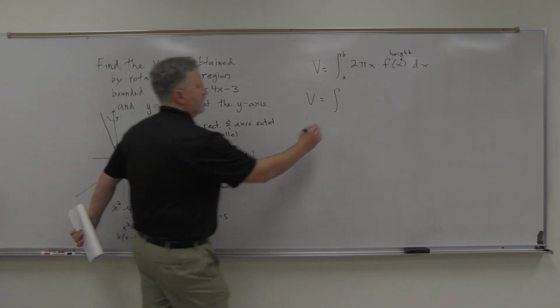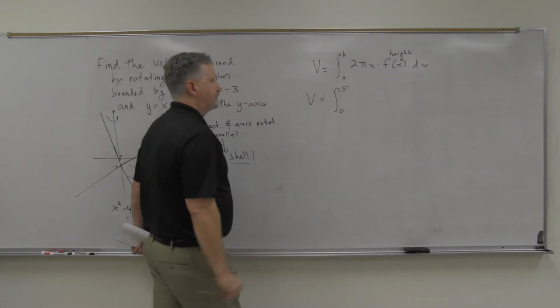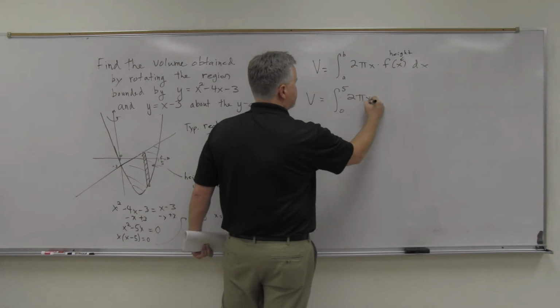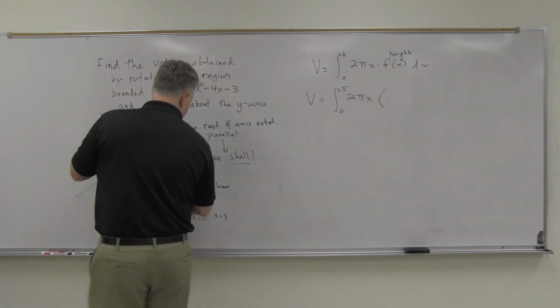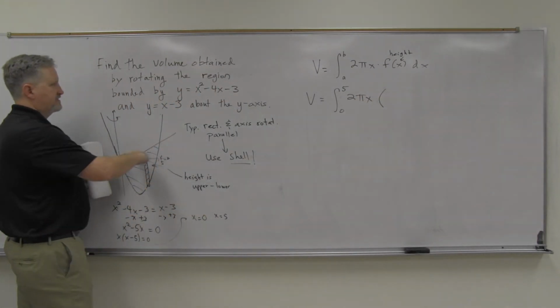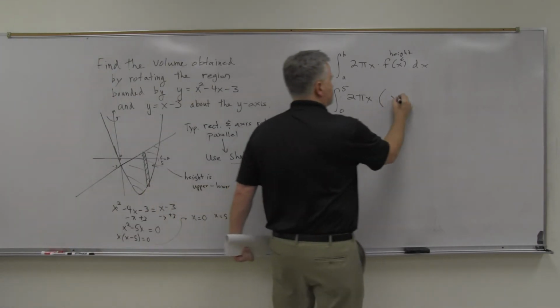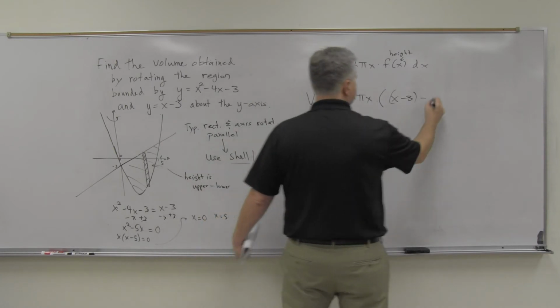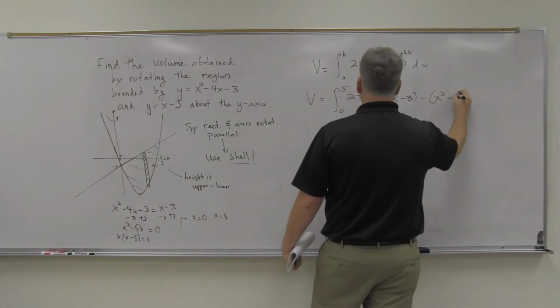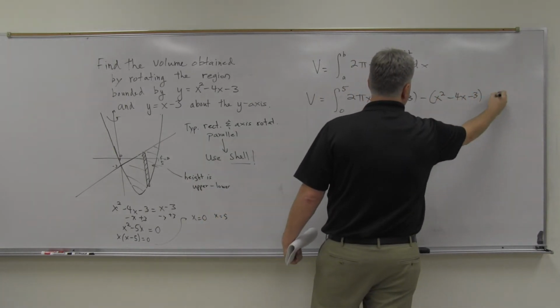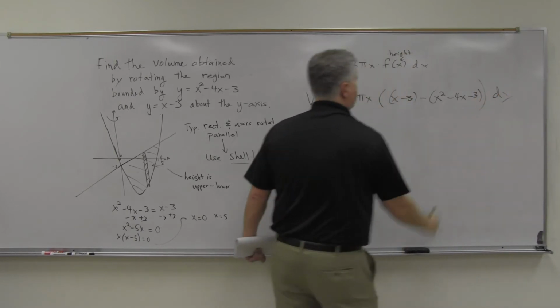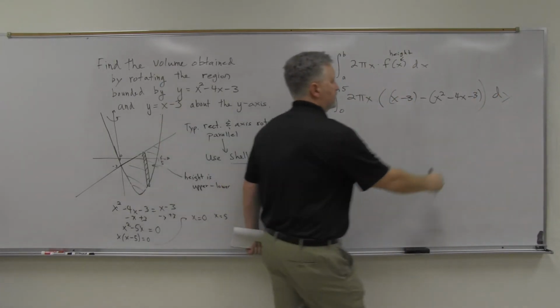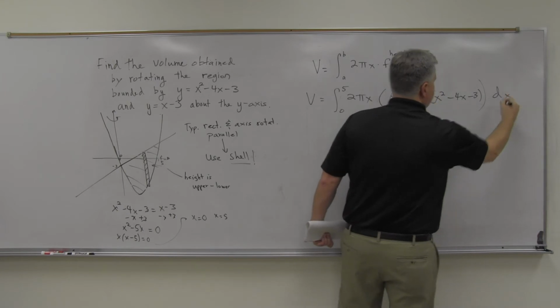So 0 to 5, 2 pi x. Then, like I said, the height, so we'll go upper minus lower. So the upper one is x minus 3, minus the lower one, the x squared minus 4x minus 3. That's my interval.